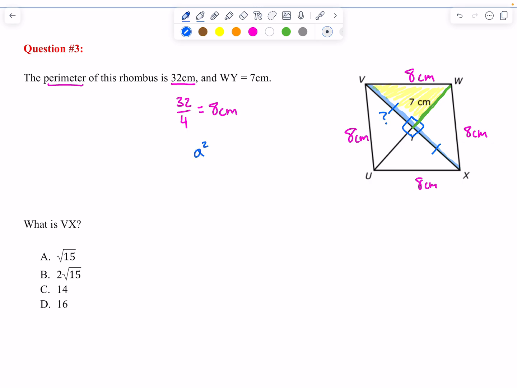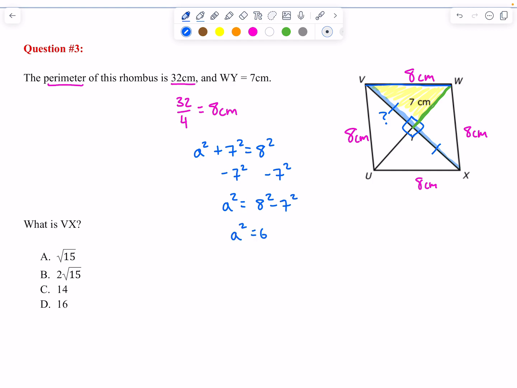So I'm going to put together a squared plus 7 squared equals 8 squared, because that is the hypotenuse in this case. And then I'm just going to subtract over the 7 squared. So I get a squared equals 8 squared minus 7 squared.